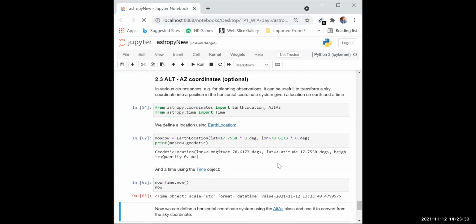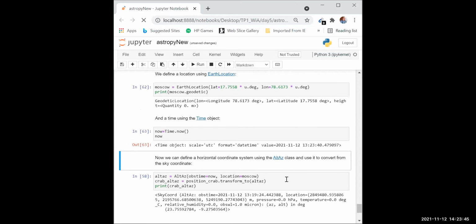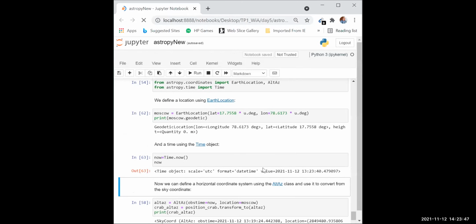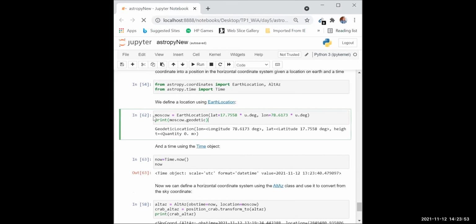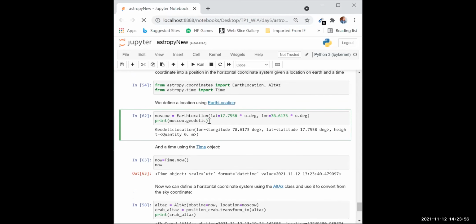And time now is, anyway, in short, from this location, we'll see what is happening.